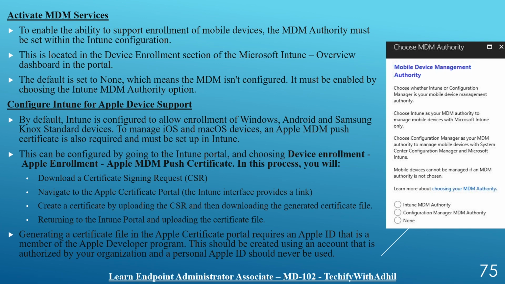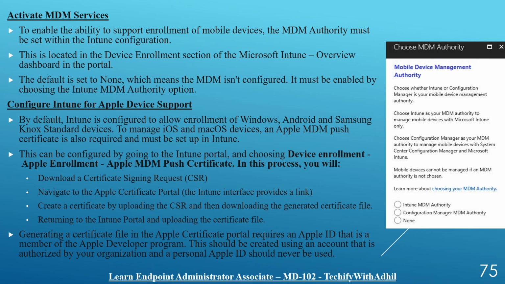Then configure Intune for Apple device support. By default, Intune is configured to allow enrollment of Windows, Android, and Samsung Knox standard devices. To manage iOS and macOS devices, an Apple MDM push certificate is also required and must be set up in Intune. This can be configured by going to the Intune portal and choosing device enrollment, Apple MDM push certificate.